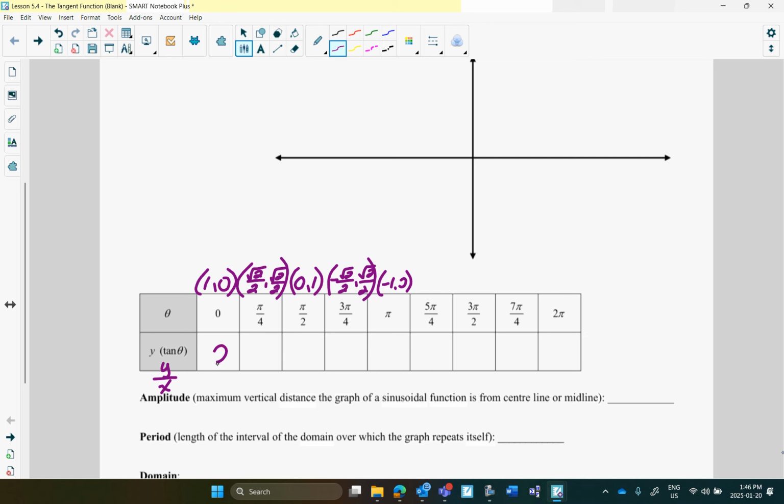And then this is actually going to be positive 1, because it's negative root 2 over 2 divided by negative root 2 over 2. Then this is going to be undefined again, since negative 1 divided by 0 is undefined. This is going to be negative 1. And this is going to be 0.